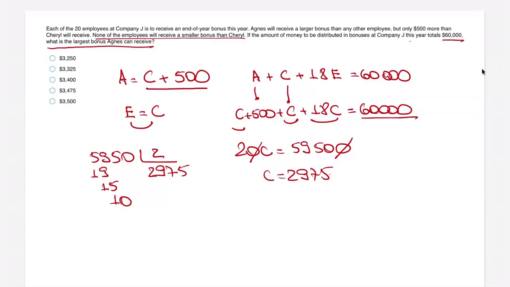Okay? Agnes is 500 more, so 3,475. Is that okay?